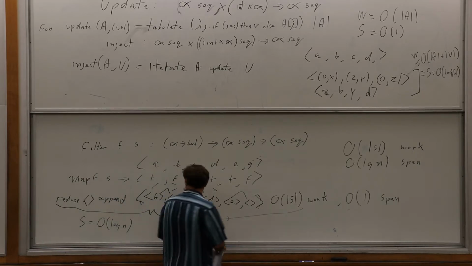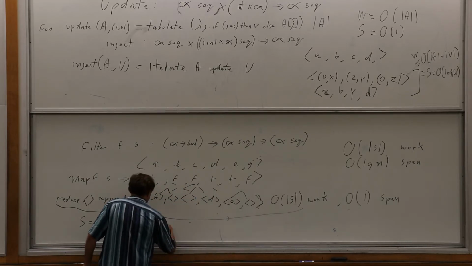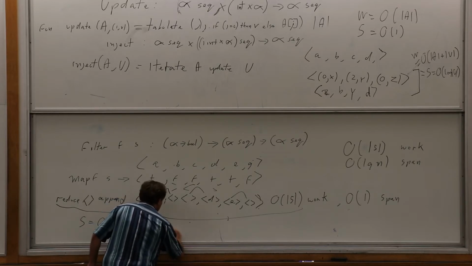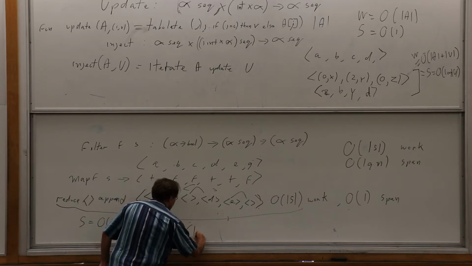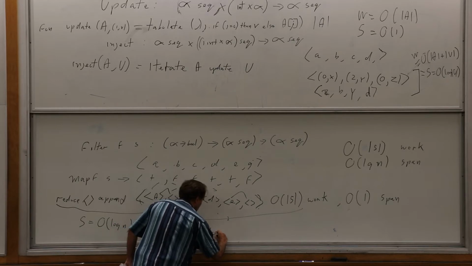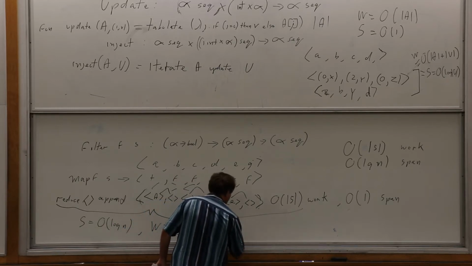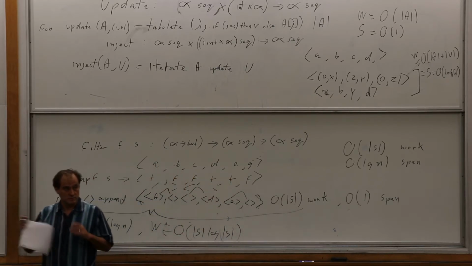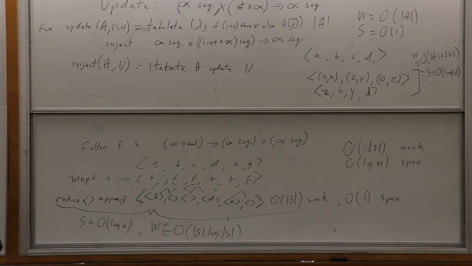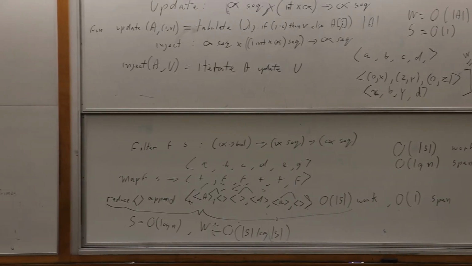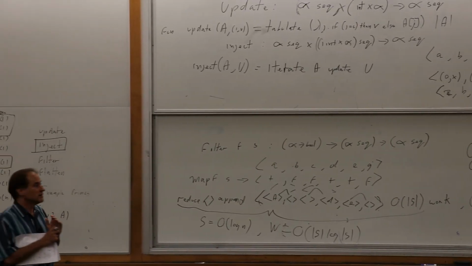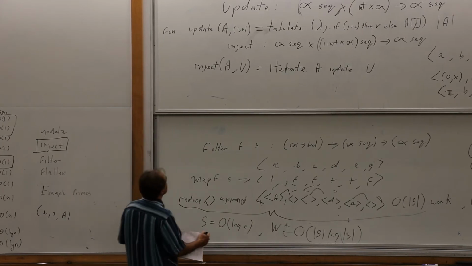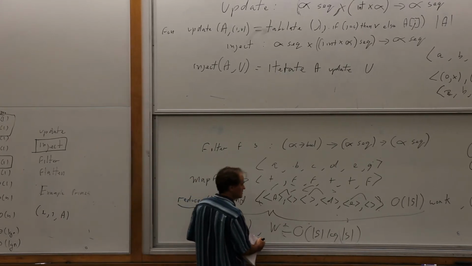So this gives me work equal to order size of S log size of S. And so we don't get work efficiency. That's a very good suggestion, but it doesn't quite satisfy our needs. So is there a way to satisfy our needs?